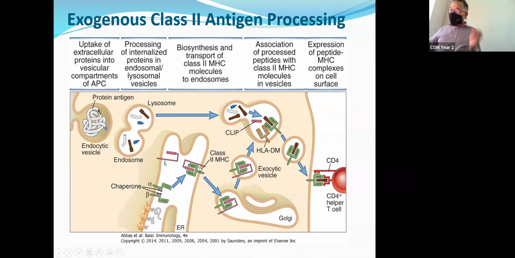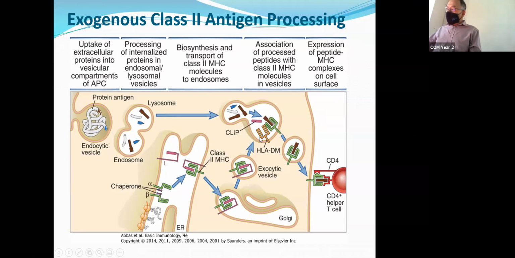Once this newly made class 2 MHC complex is created, it then buds into the Golgi apparatus and then moves within the cytosol in this vacuole to a phagolysosome.